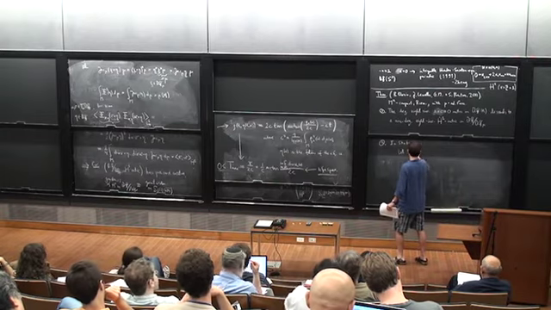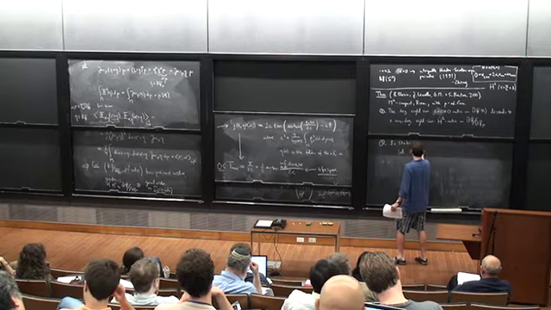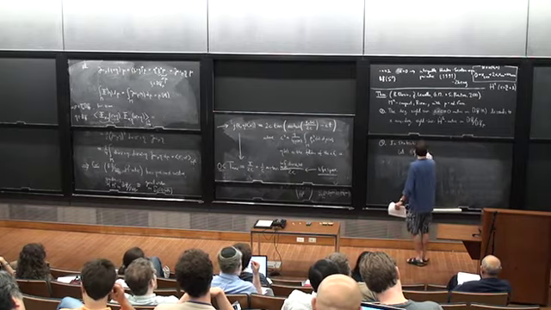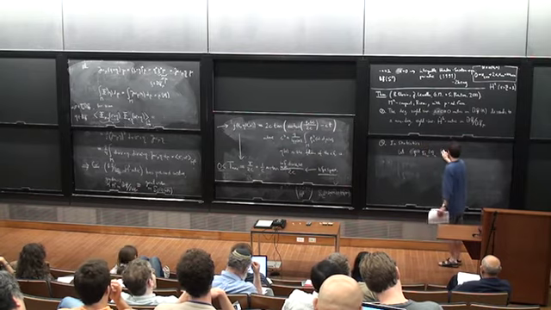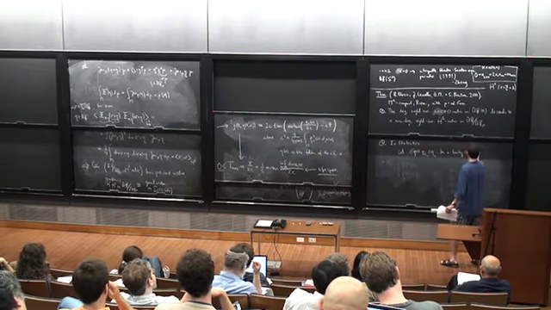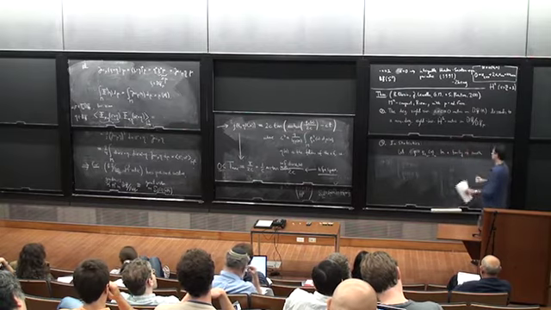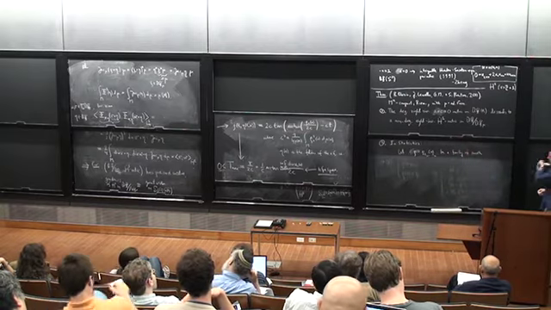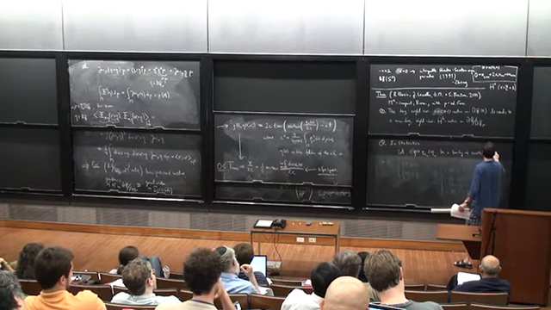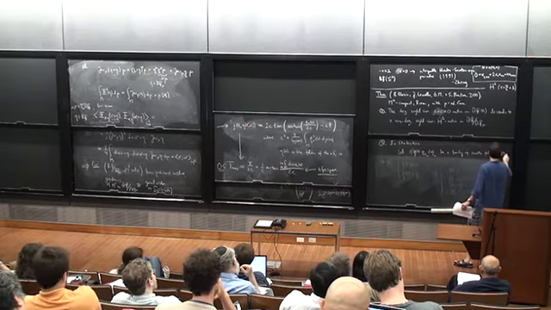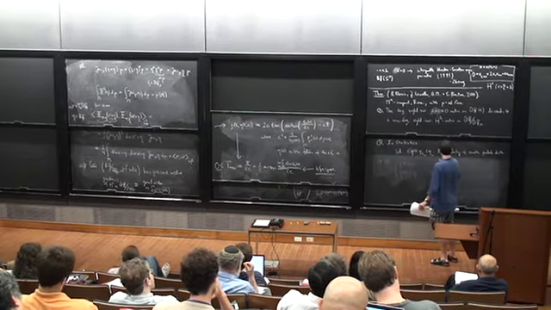Let rho of x, with parameters t1 through tn, be a family of smooth probability distributions on the manifold M. I'm only considering the smooth category.